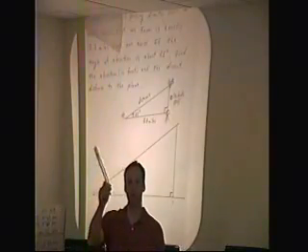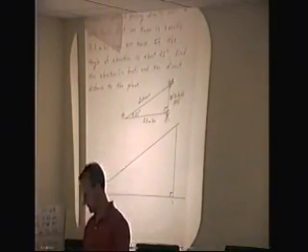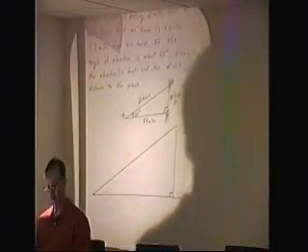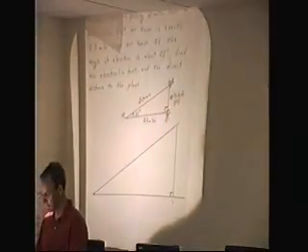Very, very carefully measure the sides of the triangle you just made. Try and be as accurate as you possibly can. The more accurate you are, the closer your answer is going to be. So I'm going to measure this side. It happens to be 16.1.